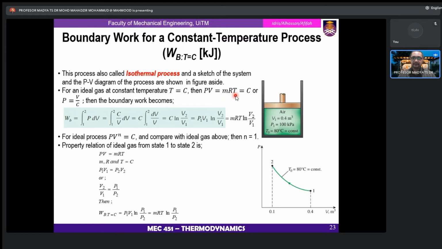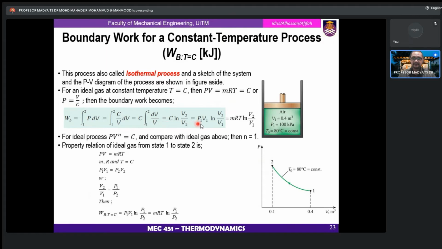We can simplify this equation to P equals C over V. So in the work equation, work equals the integral of PdV, for P we put C over V. C is constant, so we take it out of the integration, and then you only integrate dV over V.